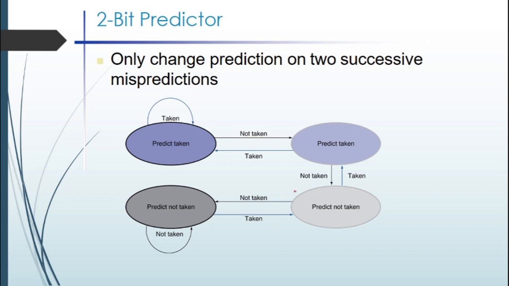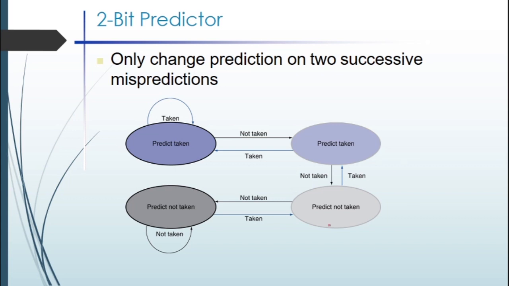The prediction will change from taken to not taken only if there are two not-taken outcomes. So if the predictor predicted taken, and there are two successive cases where the branch is actually not taken, then the next time the predictor stores not taken.